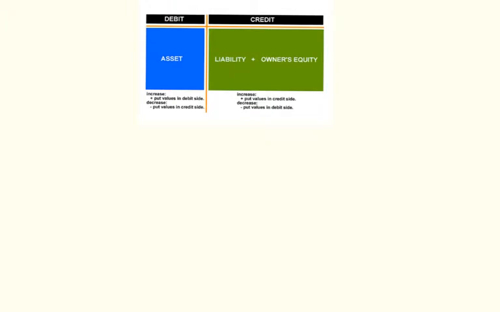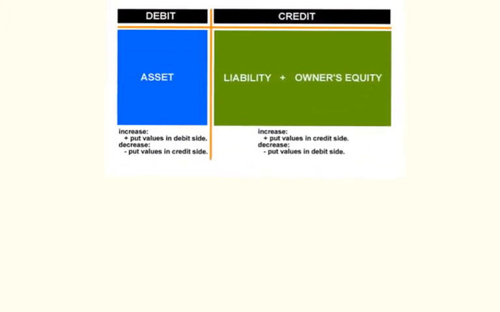Now I want you to take a look at this right here. Do you see the T? And it shows the debit on one side and the credit on the other. Now remember, debit only means what? Left. Credit only means right. Do not get this confused with when you do any banking and you get a credit from the bank or your account is debited.